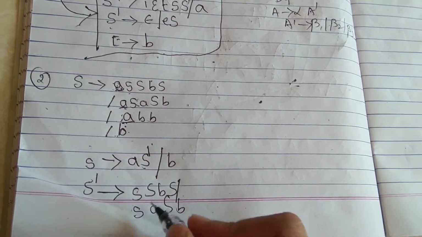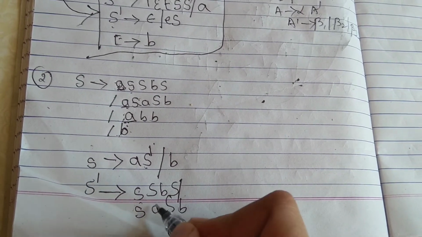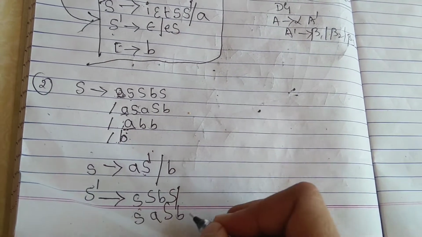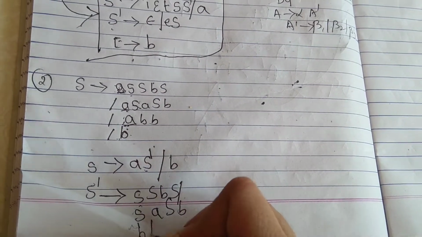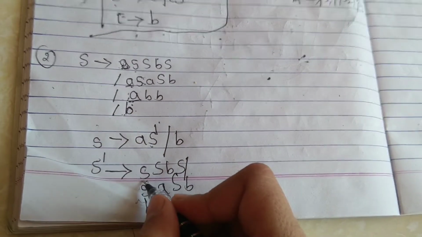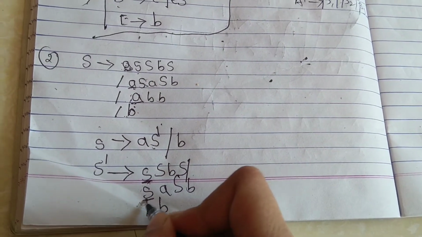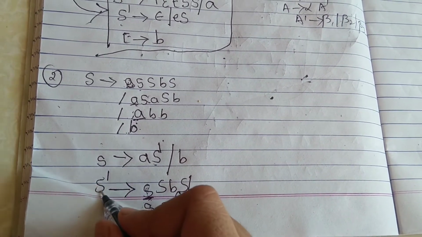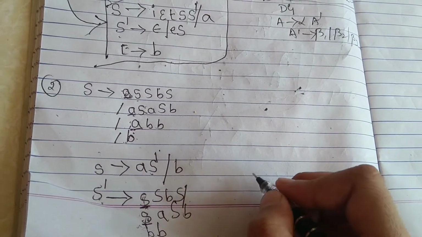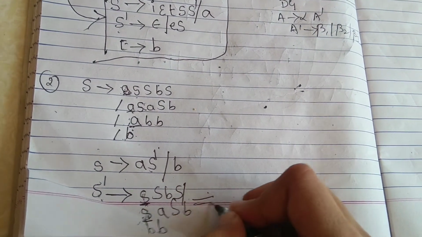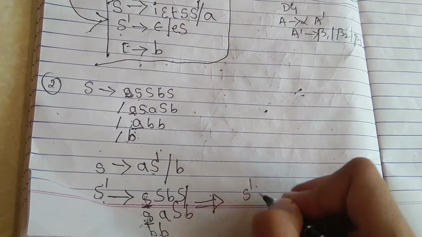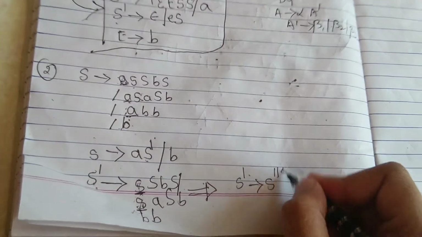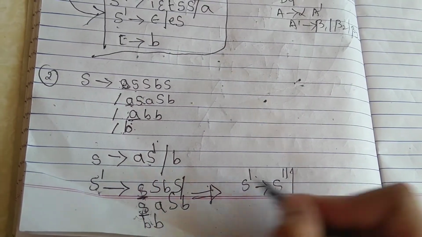Now again we have a common letter here, and one more is b. Considering this, again we have a common prefix for this particular variable S dash. So how will it be again? S dash can be derived as S dash tends to S double dash, or this is related to S dash only, right?